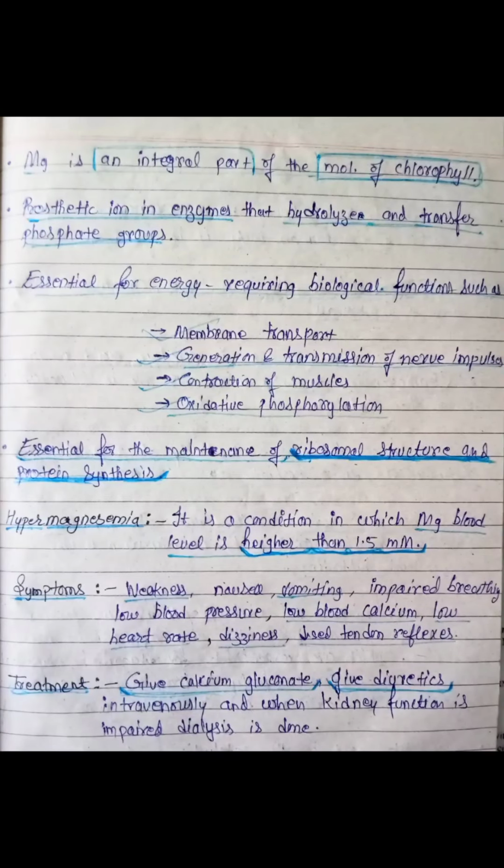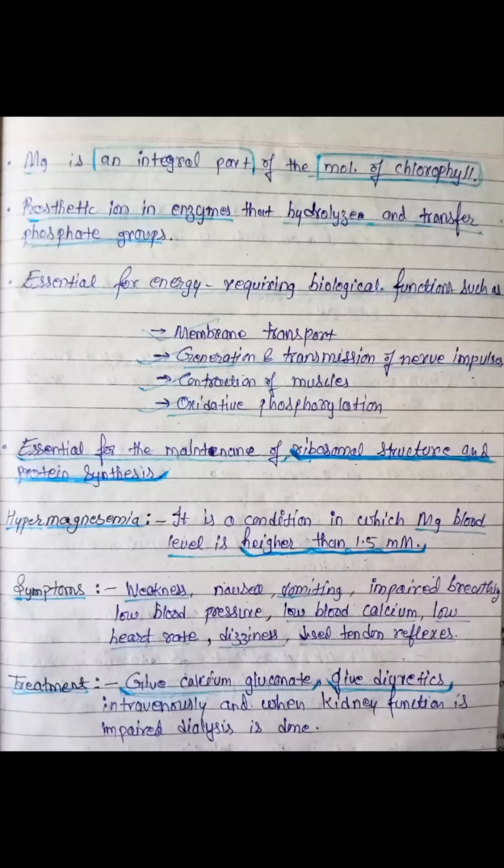Mg is an integral part of the molecule of chlorophyll, a prosthetic ion in enzymes that hydrolyze and transfer phosphate groups, essential for energy requiring biological functions such as membrane transport, generation and transmission of nerve impulses, contraction of muscles, oxidative phosphorylation, and essential for the maintenance of ribosomal structure and protein synthesis.